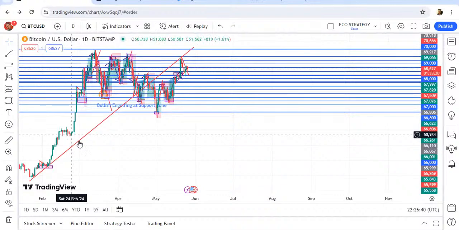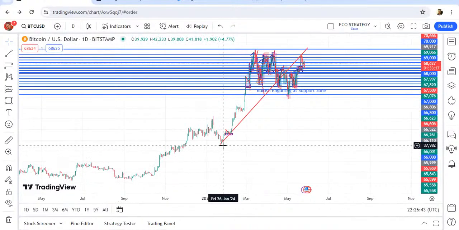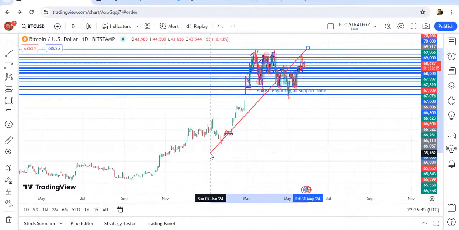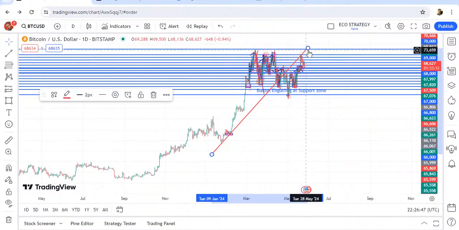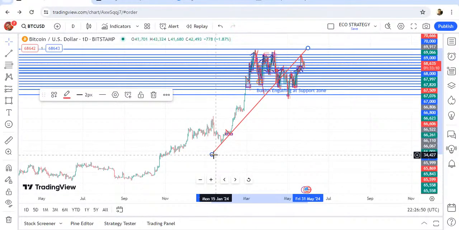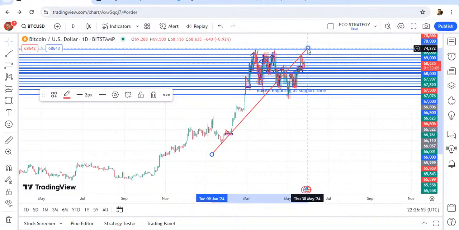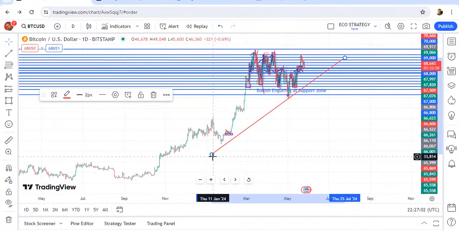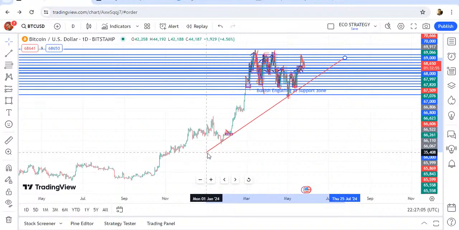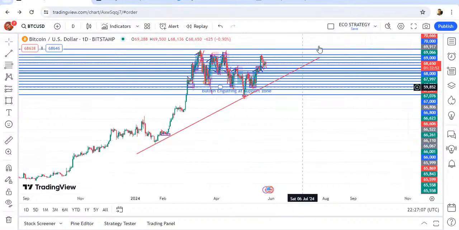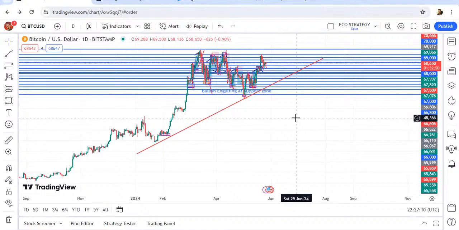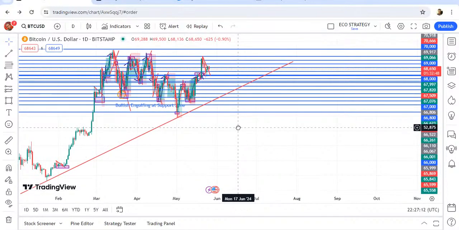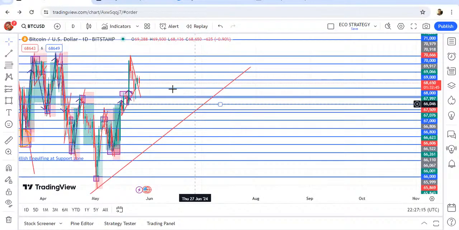Below, okay, this one. This one. This one. This one. Okay, all right. So where is the break and where is the wick? Okay, it broke the resistance.